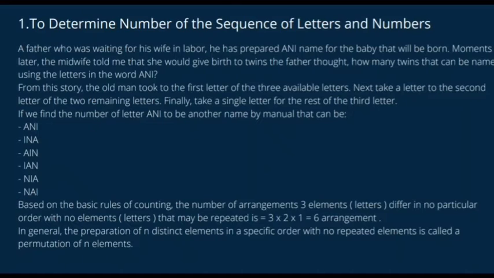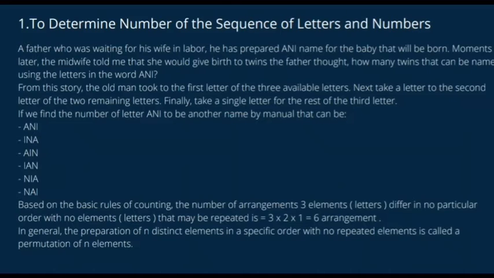Based on the basic rules of counting, the number of arrangements of three elements in no particular order with no element repeated is 3 times 2 times 1, which gives 6 arrangements.